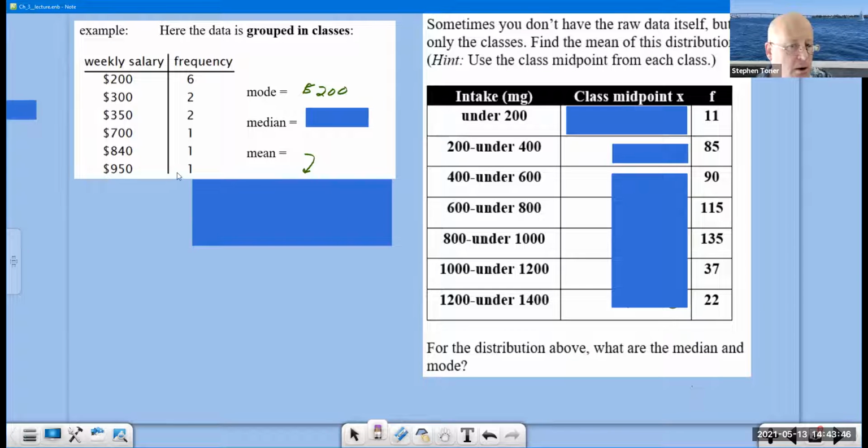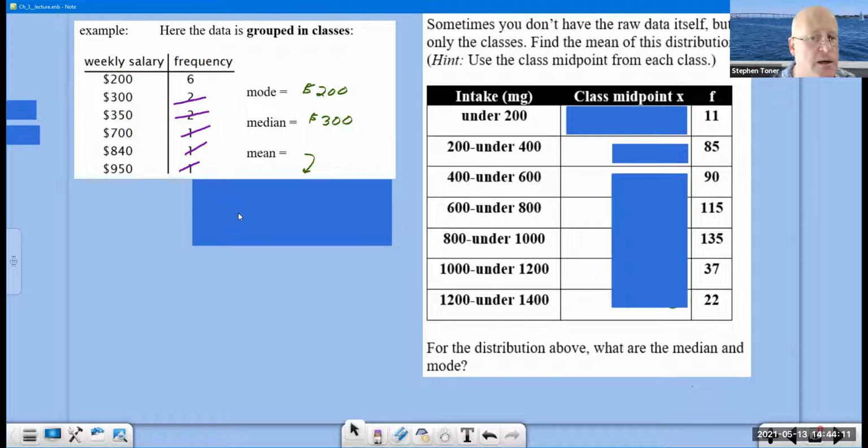If I cut off 1, 2, 3, 4, 5, 6, one of those 200s goes away, cross off all 6 of these 200s, and then my 7th value, the one in the middle, would be that 300, and I can just figure out the median that way. Now, there will be a way to do this on the calculator, and I'll mention that in a little bit.